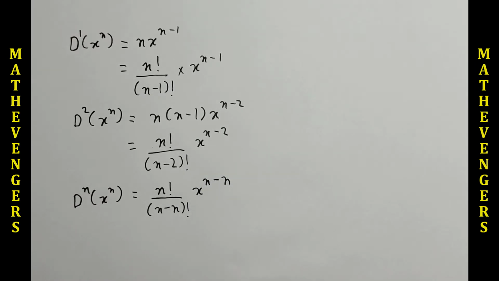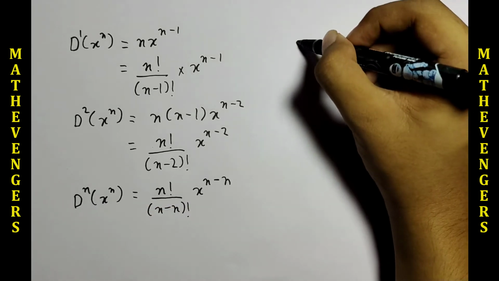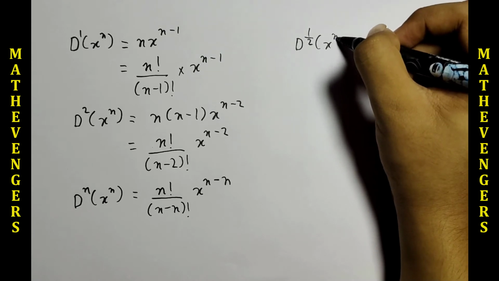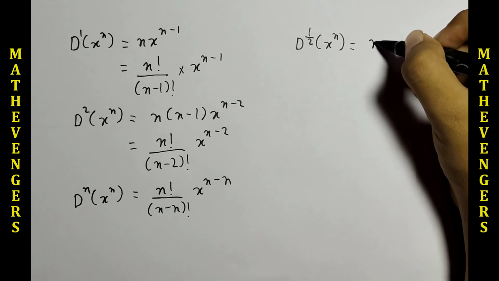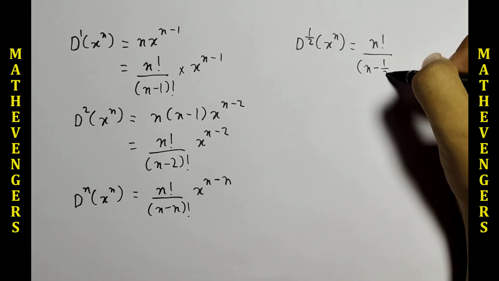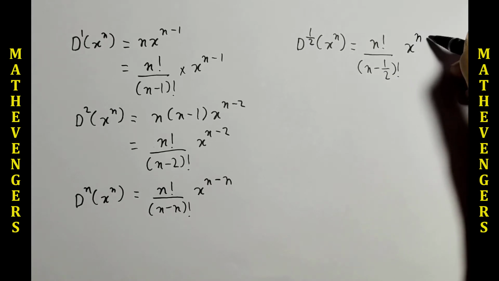Now putting n equal to half here, we can write the half derivative of x to the n equal to n factorial upon n minus half factorial into x to the n minus half.